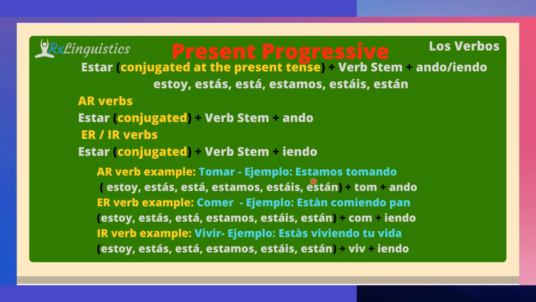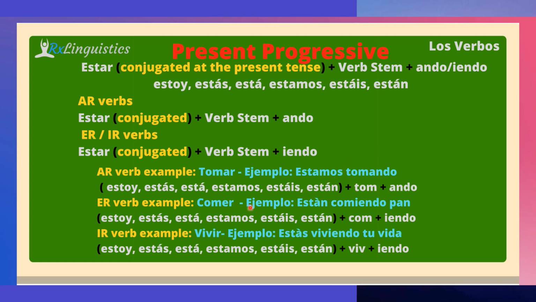Okay, you have estamos and you have tomando. Okay, estamos tomando, and estamos also means nosotros estamos tomando. Okay, it could be we are eating, it could also be we are drinking, because tomar means both to take, to eat, to drink.